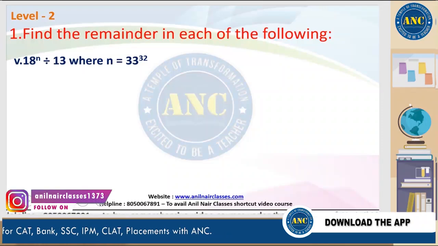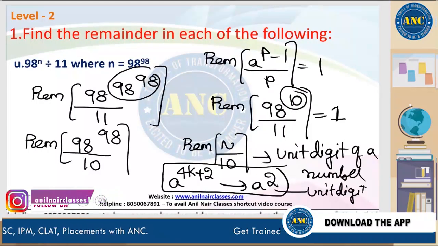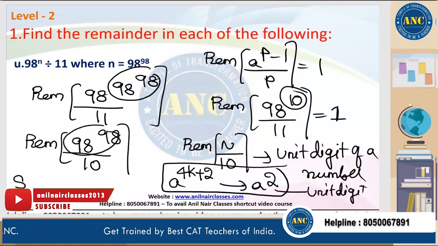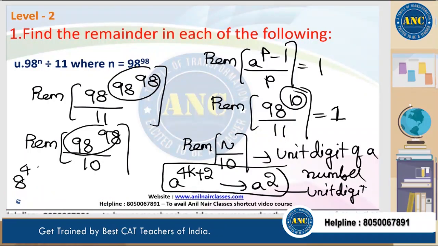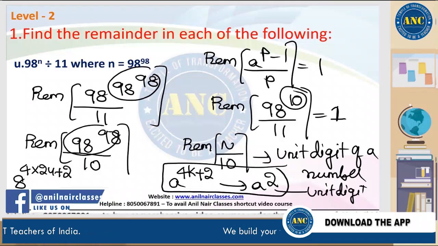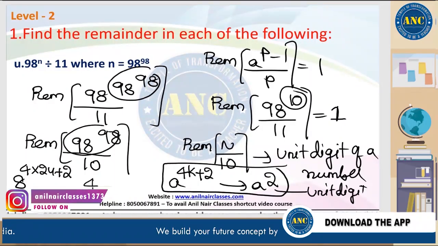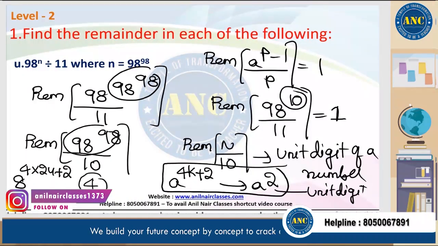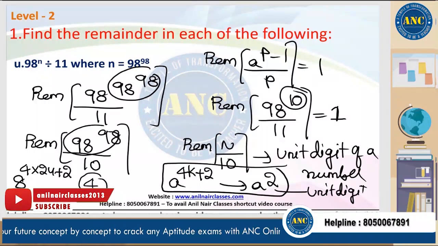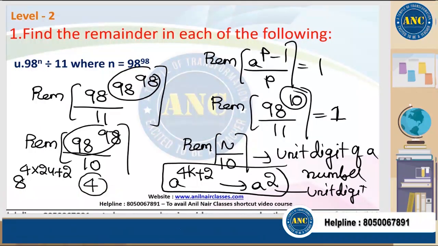So 98 power 98, unit digit is 8. 98 is 4 into 24 plus 2. So unit digit is nothing but 4. I hope it is clear, right? 98 power 98 power 98 divided by 11.